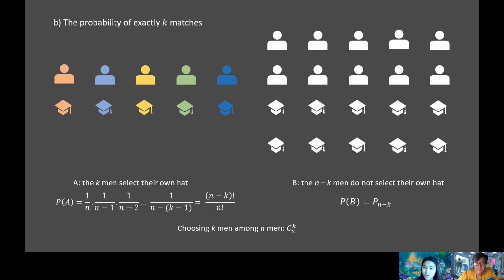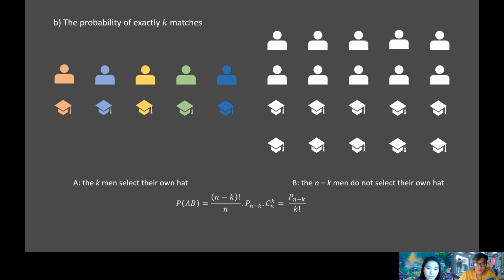Actually, we're still missing one step here, which is choosing k men among n of them. So that would be C(n, k). And putting everything together, we have this very nice and short formula, Pn minus k over k factorial. All right, that's pretty much it, I think.